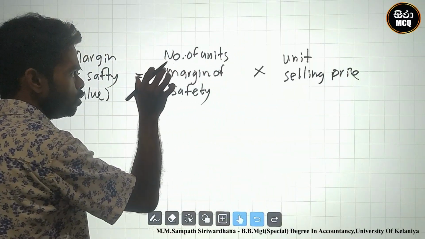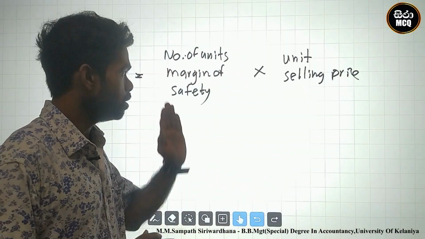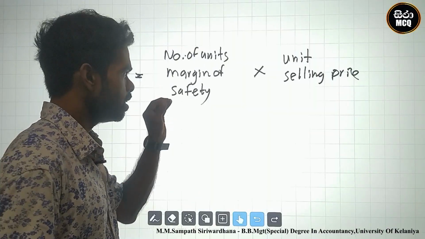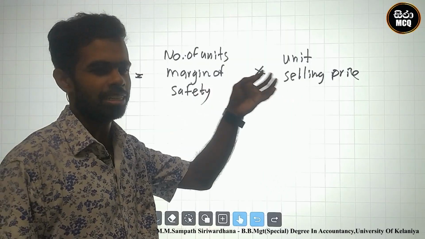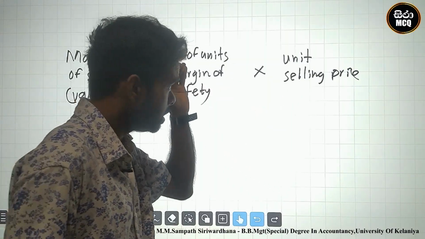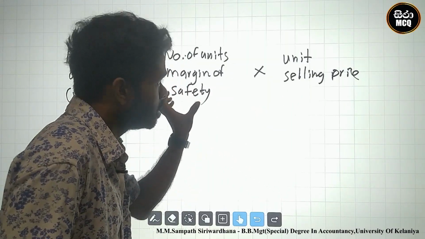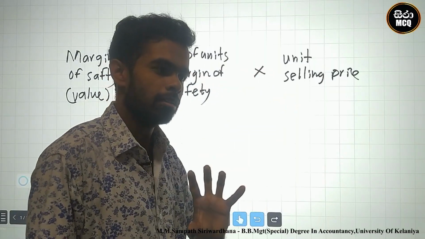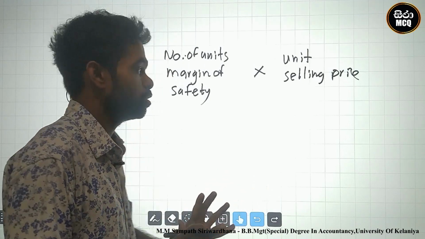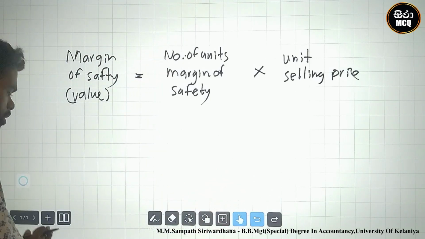Value means selling price times units. Therefore, we can identify the total sales amount of the margin of safety.